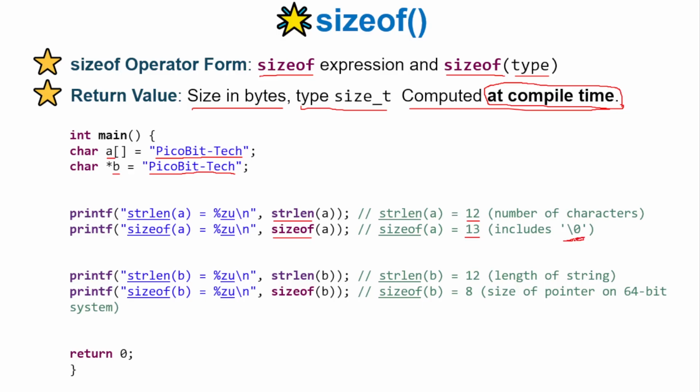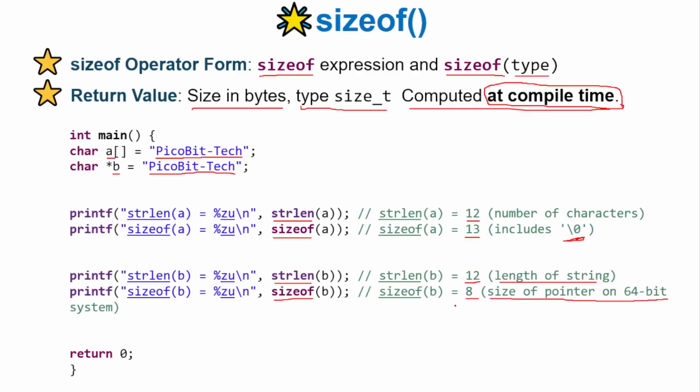For the pointer B, strlen(B) also returns 12 since it still measures the length of the string in memory, but sizeof(B) does not measure the string length. Instead, it reports the size of the pointer variable itself. On a 64-bit system, a pointer occupies 8 bytes, so sizeof(B) prints 8 regardless of the string's length.